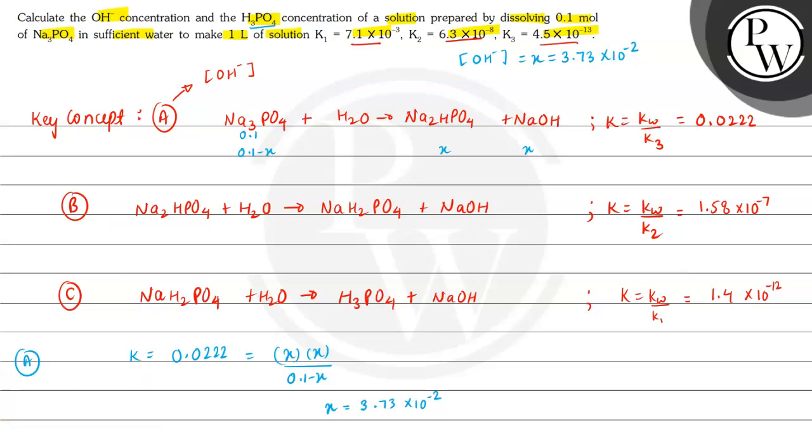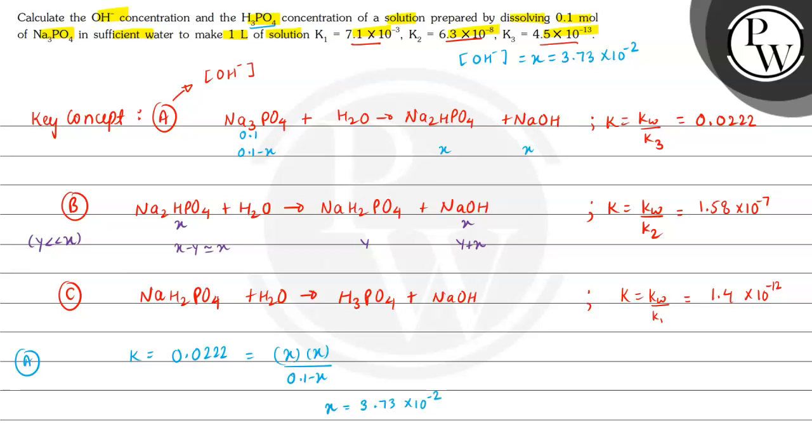So moving to equation B, we have Na2HPO4 plus H2O. Na2HPO4 is X initially and NaOH is X here. We will let Y amount of NaH2PO4 be formed. So it will be Y plus X for NaOH and X minus Y for Na2HPO4.